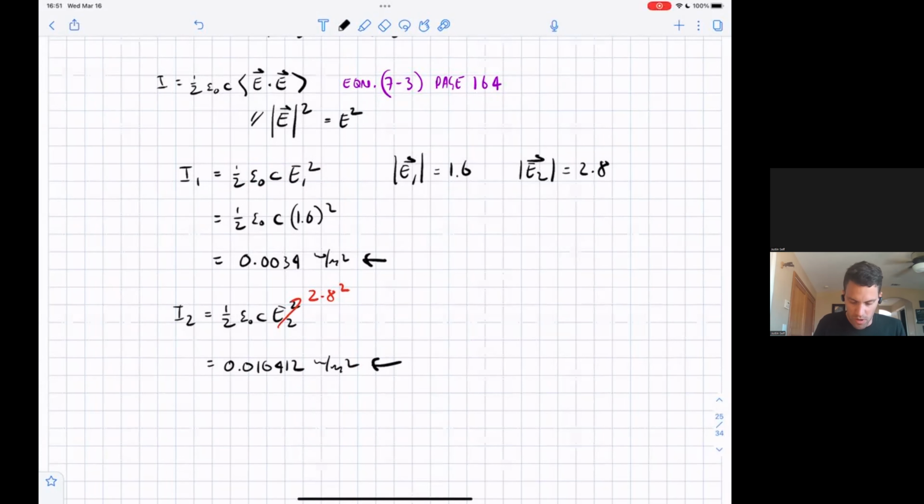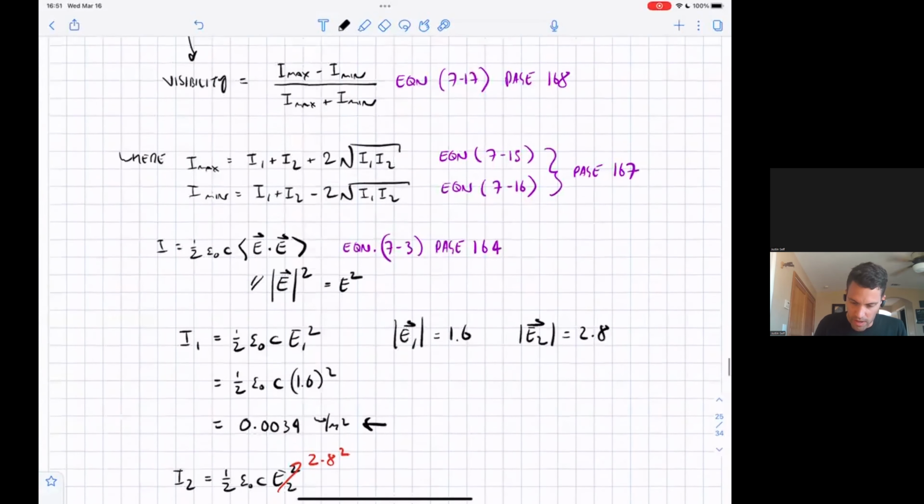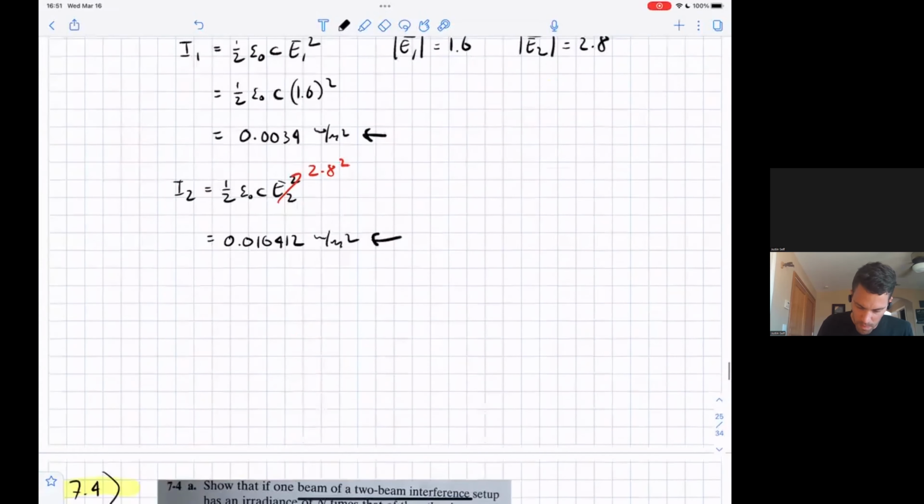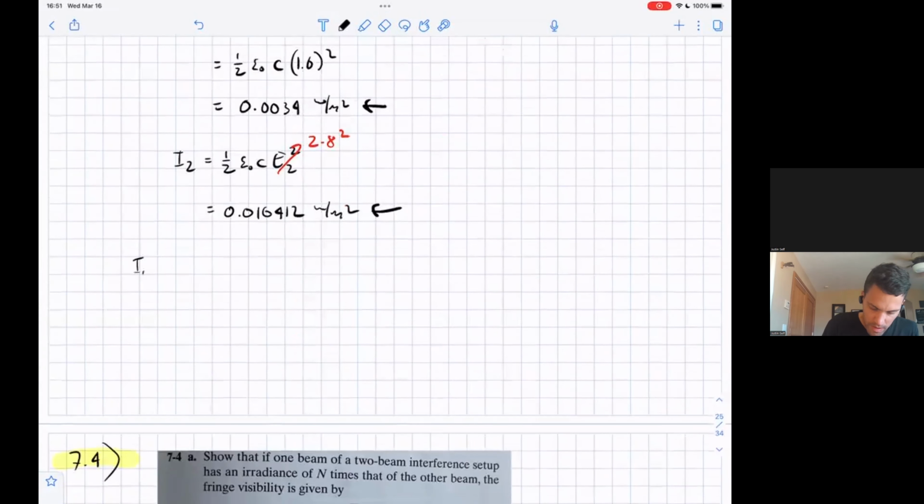Now we've got I1 and I2, and we need Imax and Imin so we can plug them into the visibility equation. Imax is equal to I1 plus I2 plus 2 times the square root of both of them.